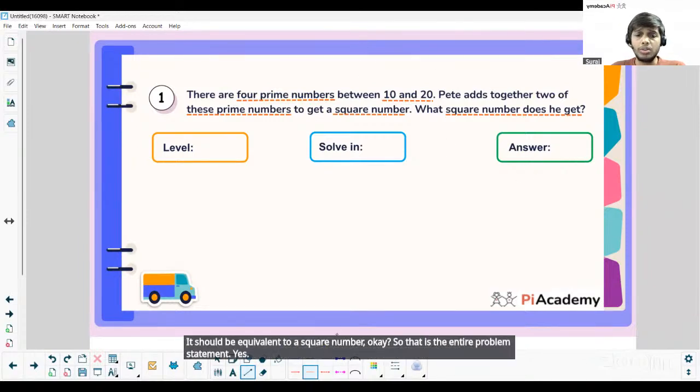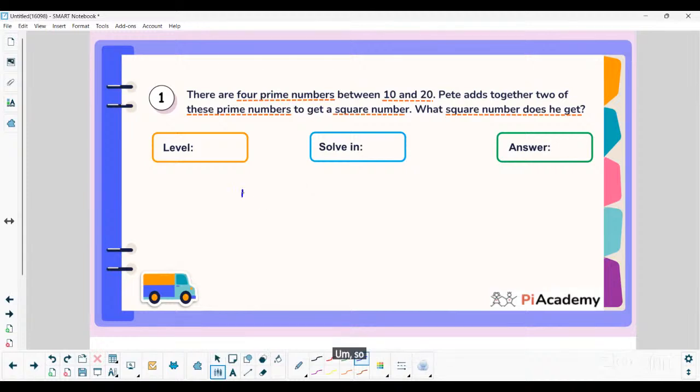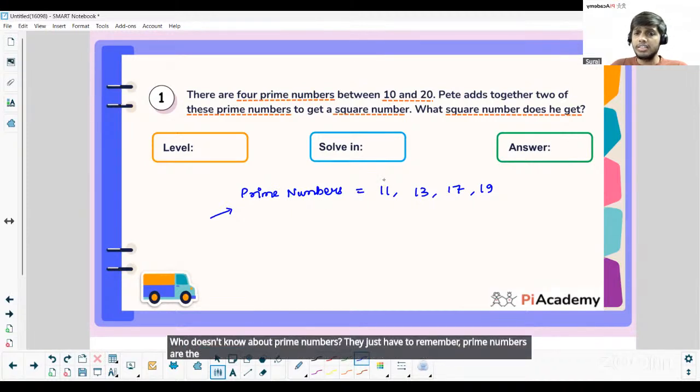Yes, Primo, can you tell me the answer that you have got for this question? So what I first did is calculate all the prime numbers between 10 and 20, which are 11, 13, 17, and 19. Perfect. So all of you who don't know about prime numbers, just remember that prime numbers are numbers which can only be divided by themselves or by 1.